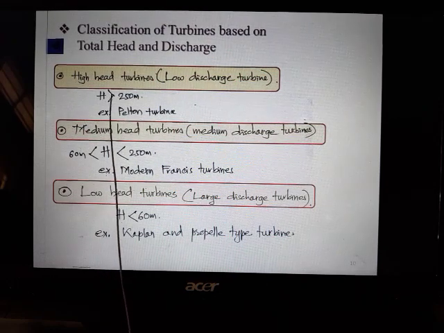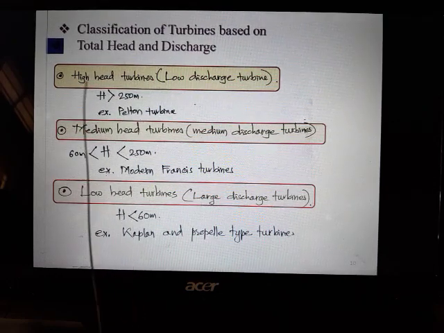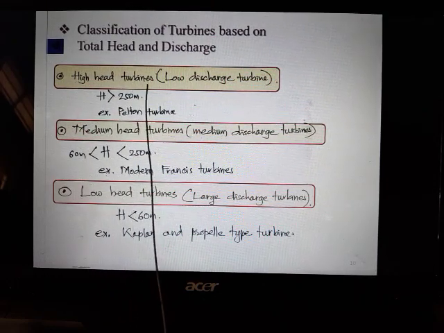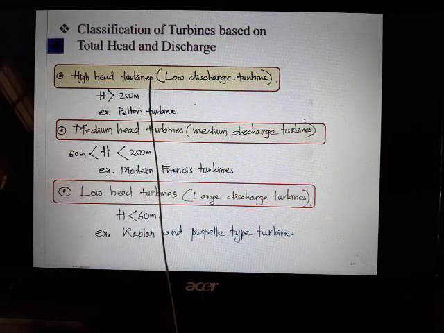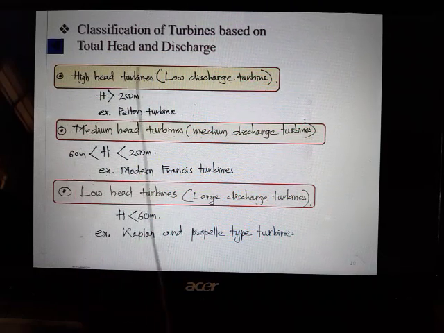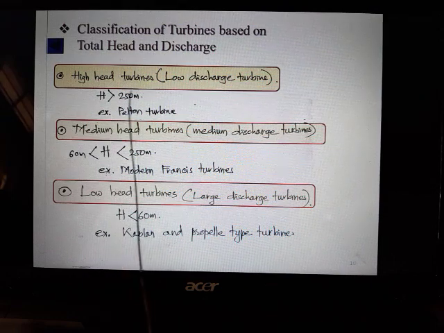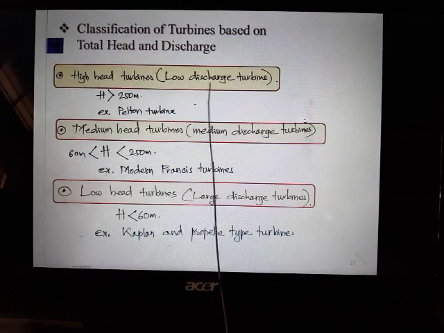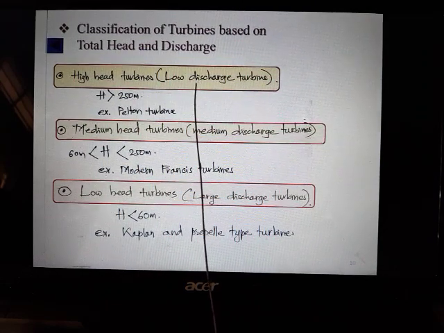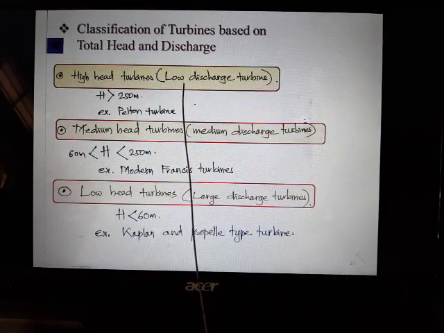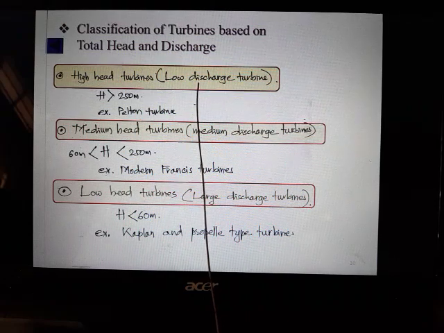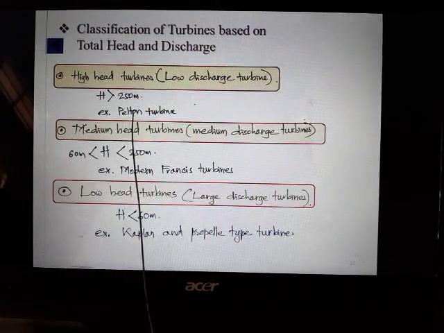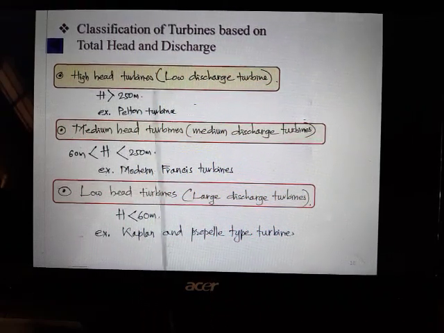If the head is more than 250 meters, it is classified as a high head turbine. And whenever there is a head which is very high, obviously the discharge that is required will be low, because there is a lot of energy for the water. That's why you require lesser discharge. A typical example of this kind of turbine would be a Pelton turbine.